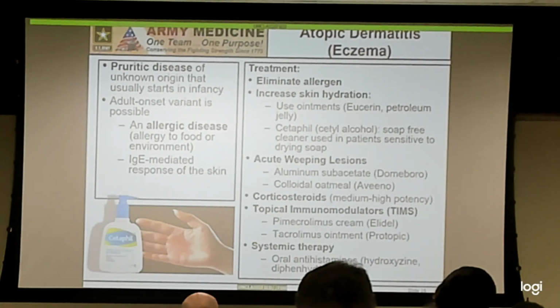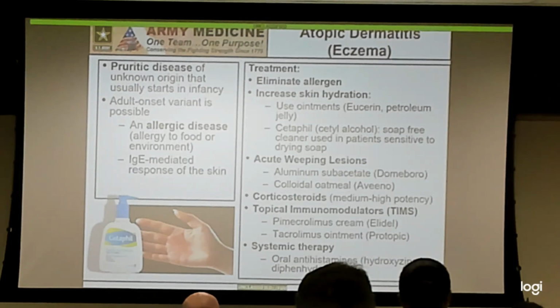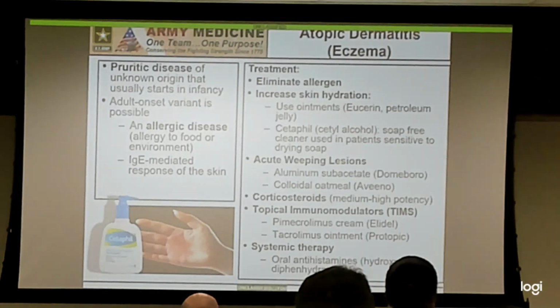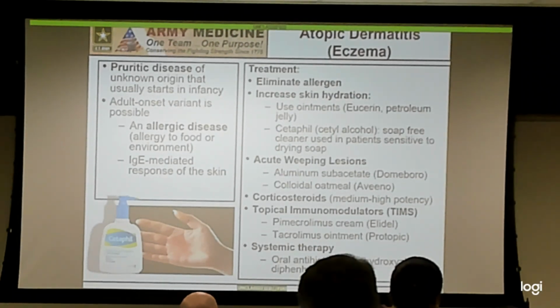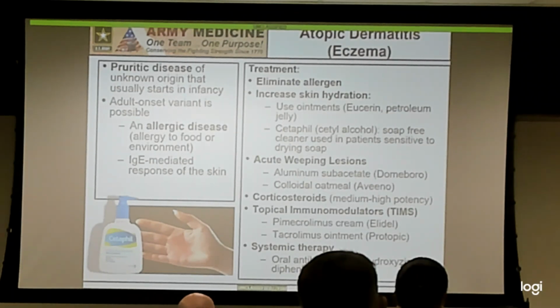And then you have your topical immunomodulators or our TIMs. This is when you're escalating, you tried topical steroids and they didn't work well, this is your next step that you'll go to. Your two medications that you have are your pimecrolimus and your tacrolimus.